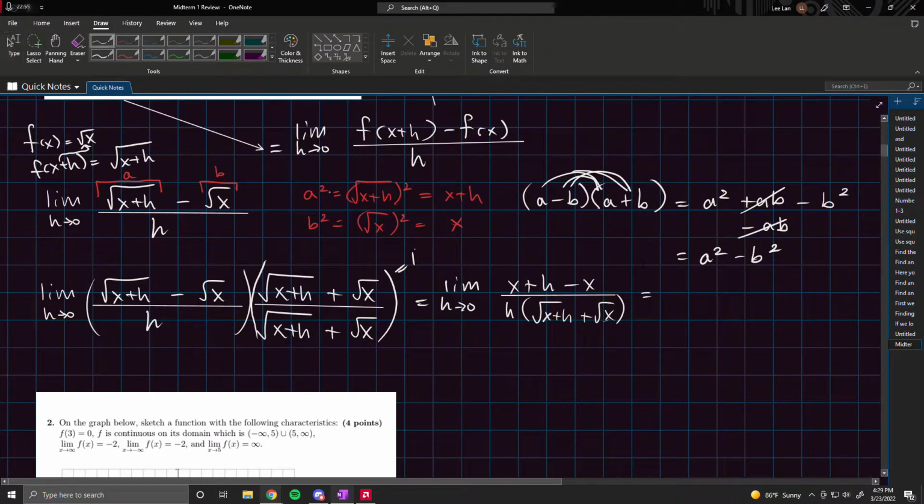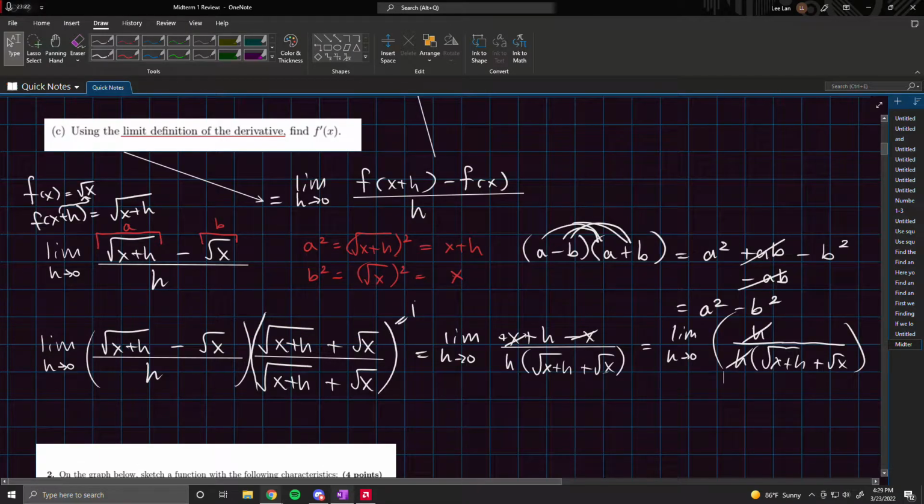So the x plus h minus x goes away, and you get limit as h approaches 0 of h over h times root x plus h plus root x. And so these h's go away.